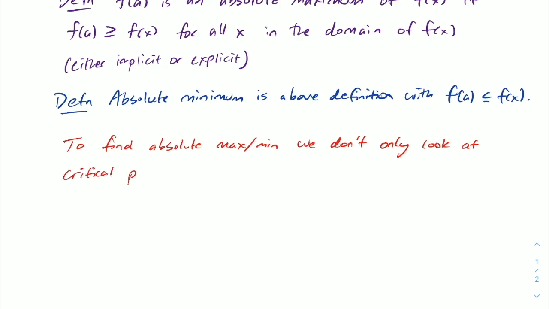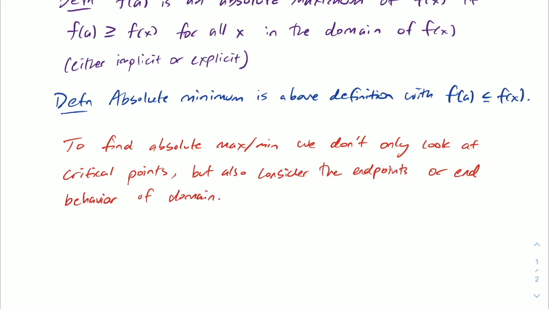We also look at the endpoints. If there are no endpoints, we consider the end behavior of the domain.